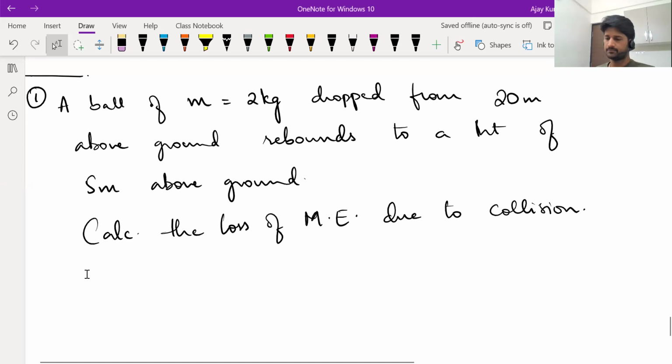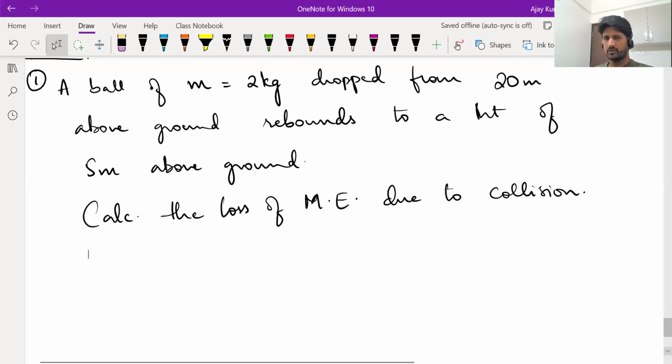Any answer? We are ignoring air resistance here. Whatever loss of mechanical energy happens due to collision itself. Okay, tell me, when the ball is just dropped, how much is its initial potential energy?